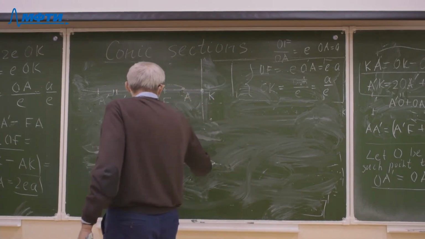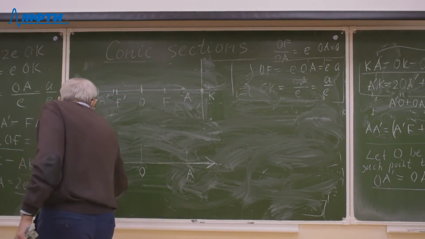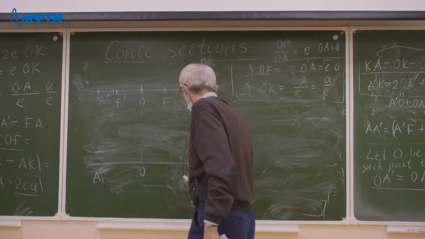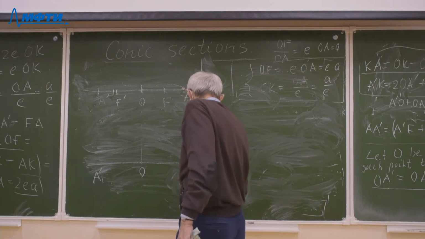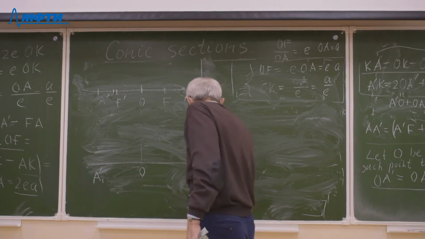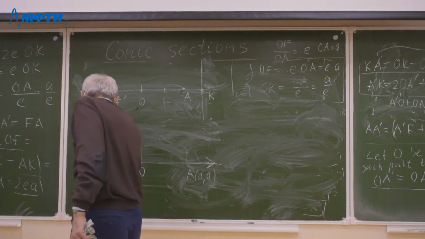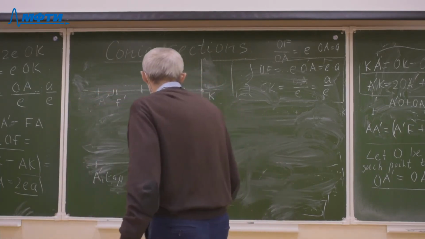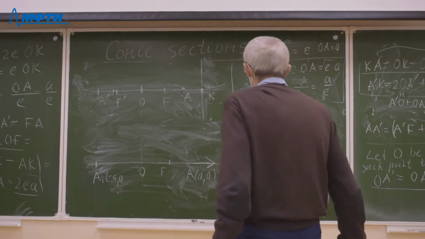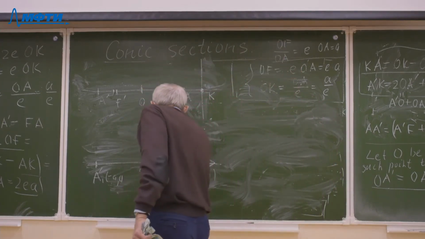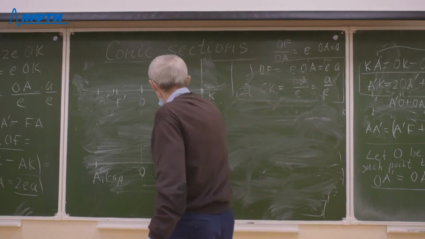And let A and A prime be the points which have coordinates little a, 0 for A and minus a, 0 for A prime, and F has coordinates eA, 0.